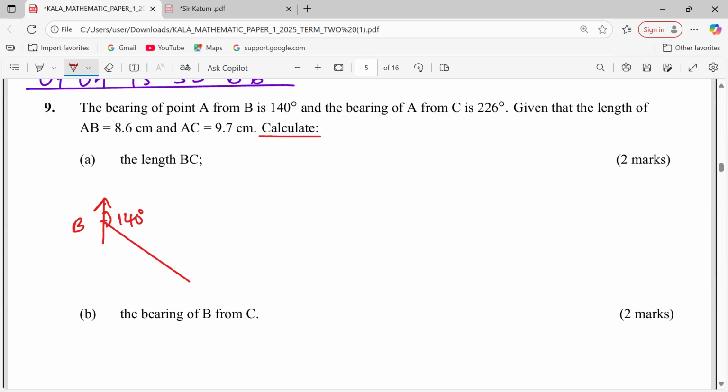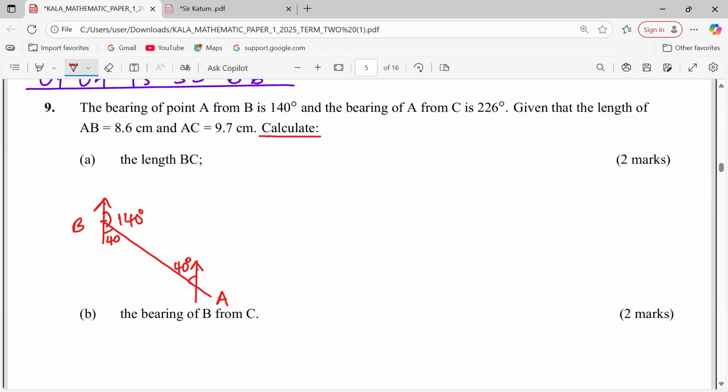When you measure 140 like that, remember you've left a 40 here. And for you to have a very good sketch, at point A you're supposed to raise another compass there, parallel to the first one, ensuring that there is an acute angle of 40 at that particular point. So this is our A.